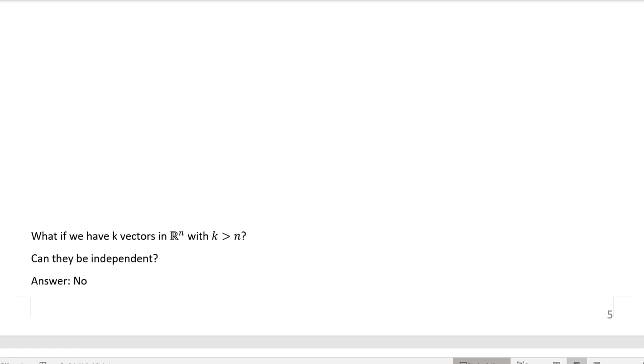Alright, let's continue. What if we have k vectors in Rn with k greater than n? Let's think about it. Let's say we have 3 vectors in R2. What do you say? 3 vectors in R2 must be linearly dependent, because R2 has dimension 2, right?